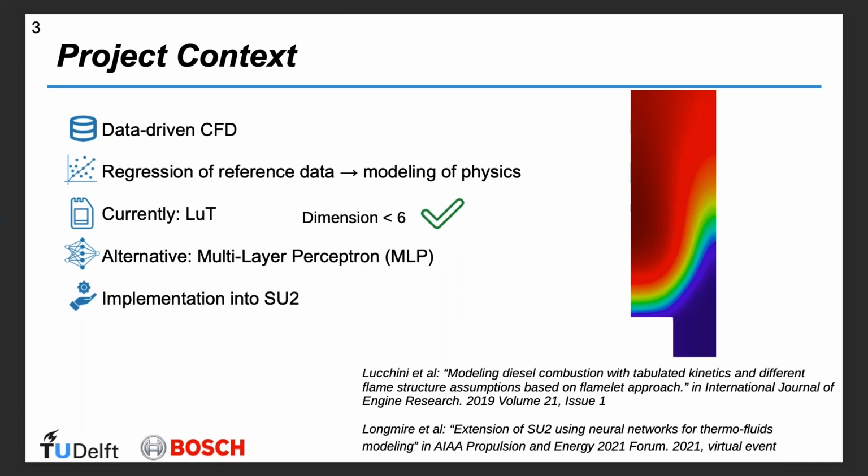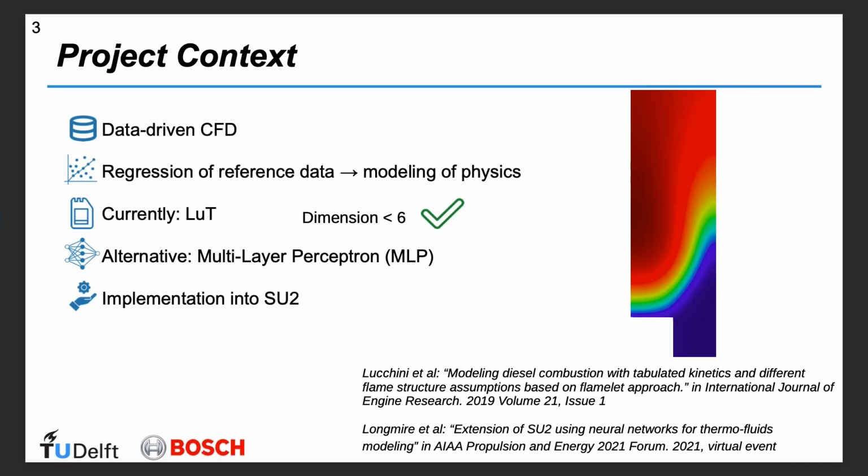For relatively low dimension counts, this works very well. You just load your table into memory, you look up variables, and that's it. But if your problem becomes very complicated, your table dimensions will also rise, and this poses a memory problem, especially if you're also doing adjoint simulations.